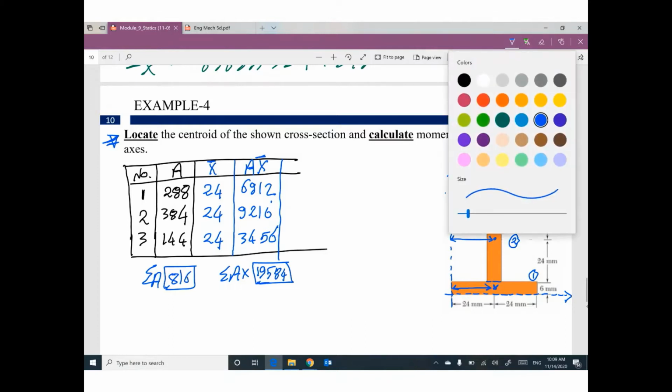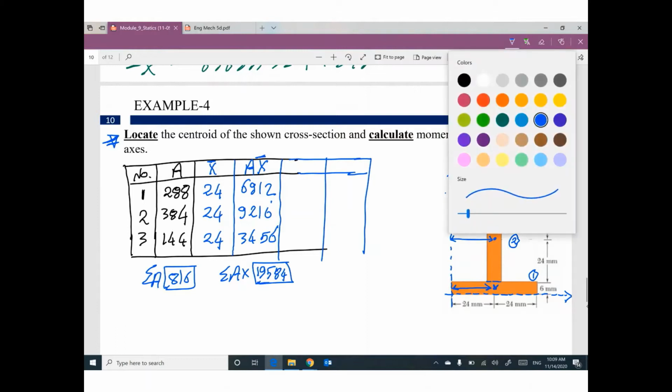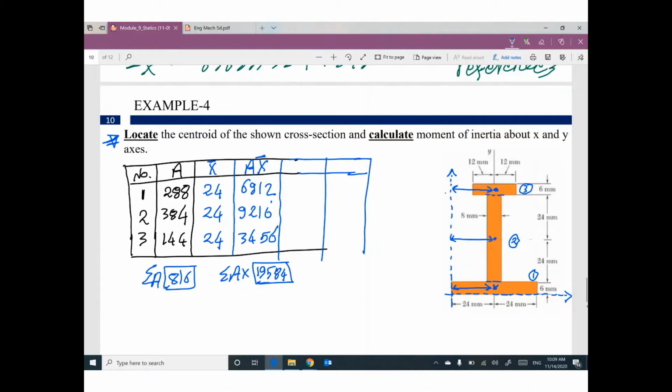Keep walking. We need to add another 2 columns. This column will be y bar and then area times y bar. Y means vertical distance. What is the vertical distance between the centroid of part number 1 and the horizontal reference? 3 millimeter.